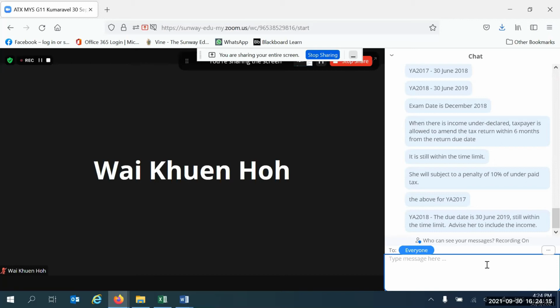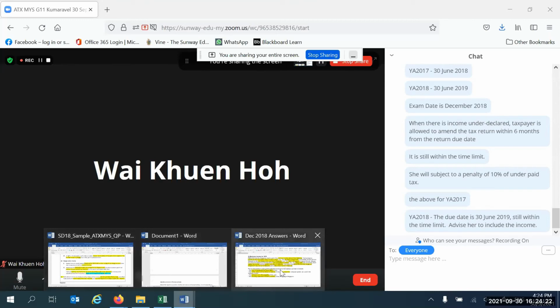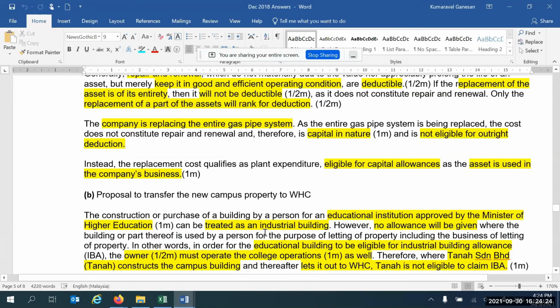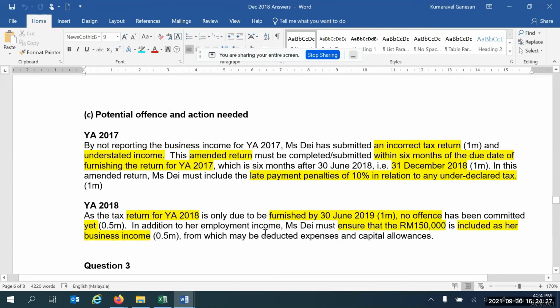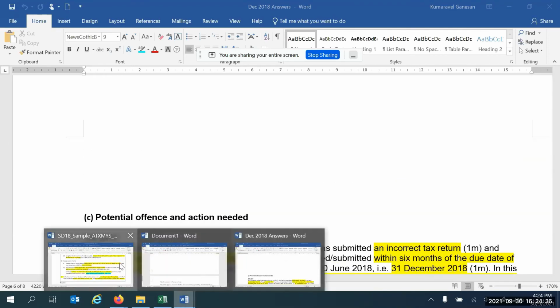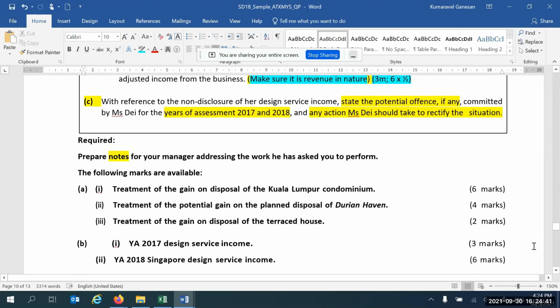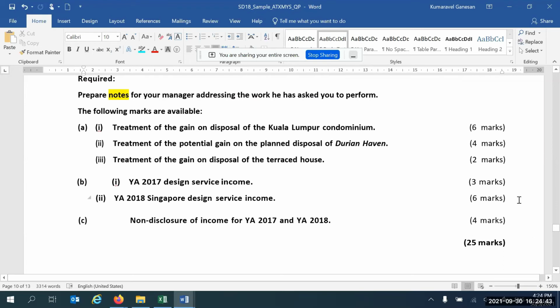But you must do the past years to get the feel. So for the 25 marks, if you keep a cool head, some are a bit hard to get. Not all 25 are easy. Maybe at least 70% of it, I hope you can get. Or at least 65%, not 50%. 50 is a bit dangerous.